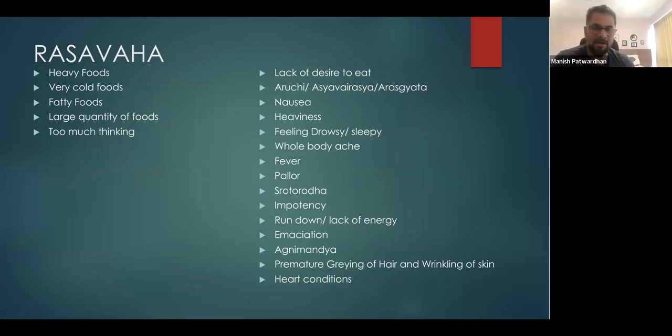If vetiver is not available, you can just use the coriander seeds. Cold infusion. If it is ama, then obviously digesting the ama. The chances of ama causing the thirst are more. So you will have to check the ama situation and accordingly then deal with it.